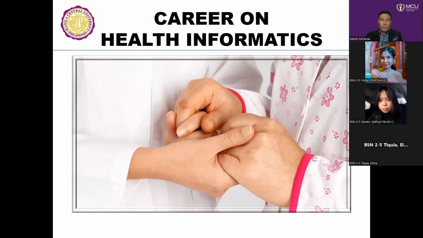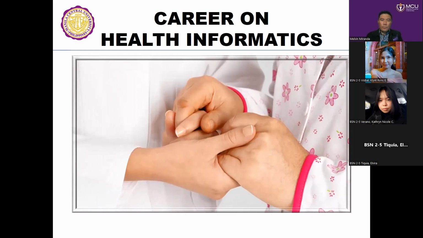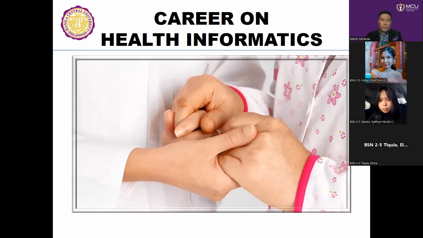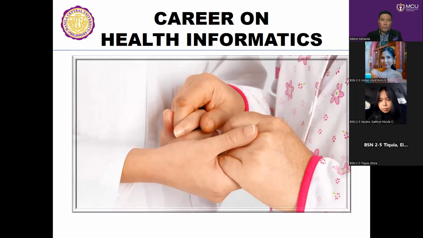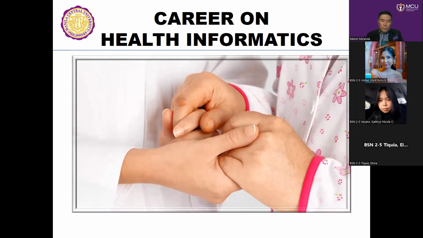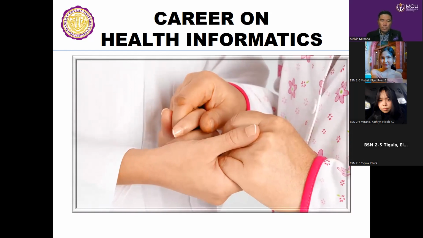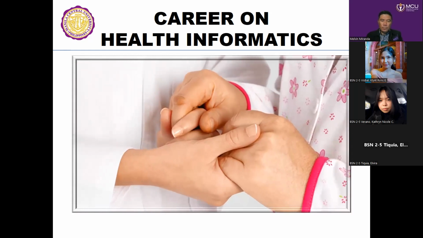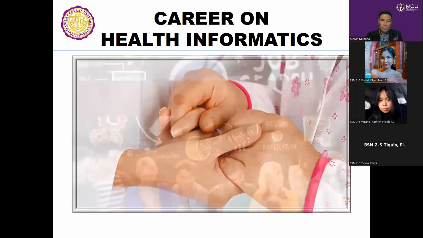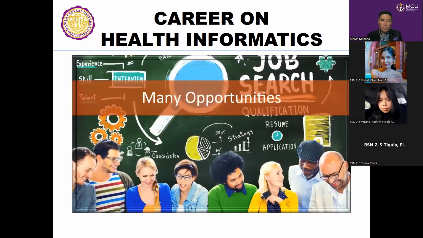The technology implemented can change the way care is delivered to patients. Healthcare employers are going out of their way to hire health informatics professionals instead of IT professionals. All in all, there is a lot of opportunity for a career in health informatics.